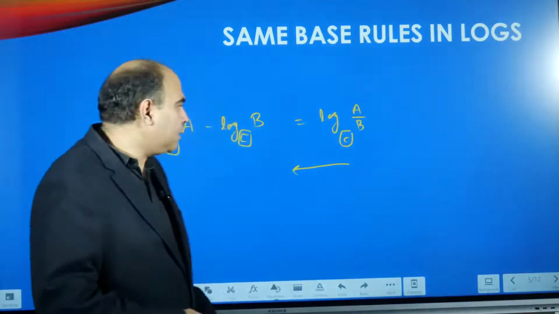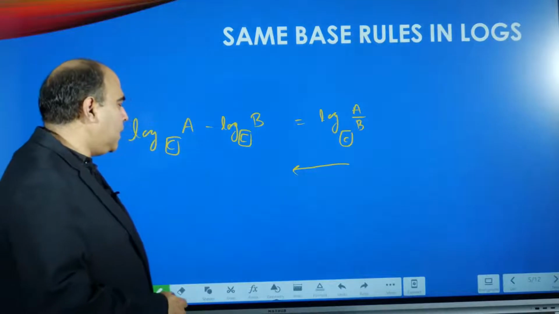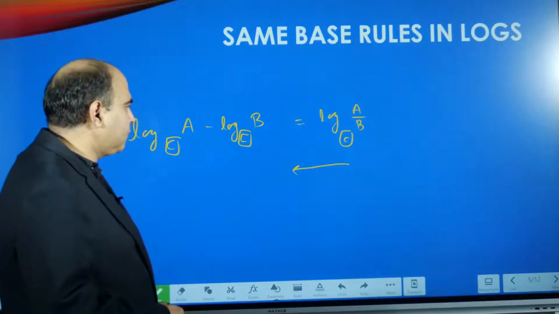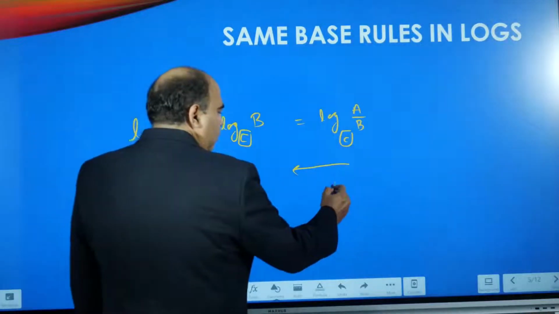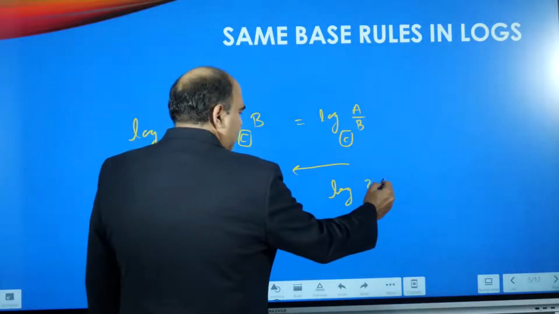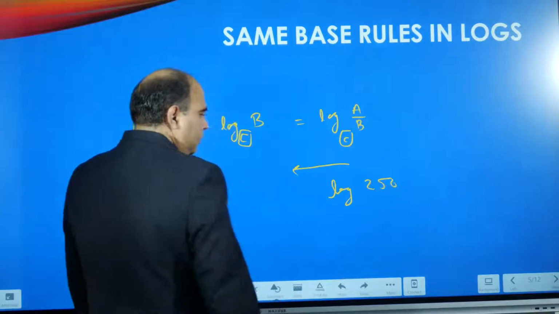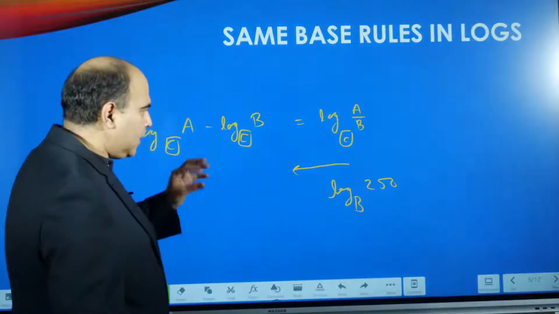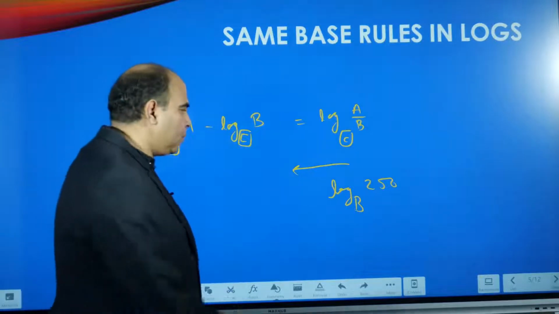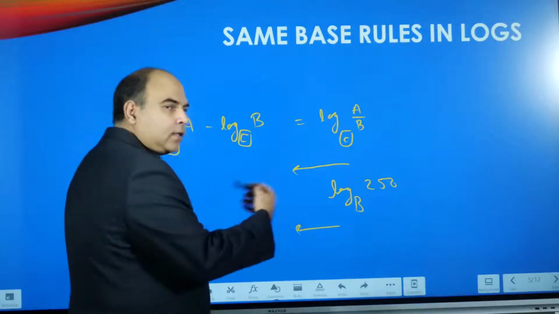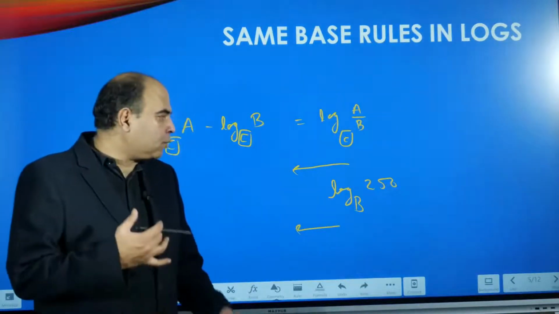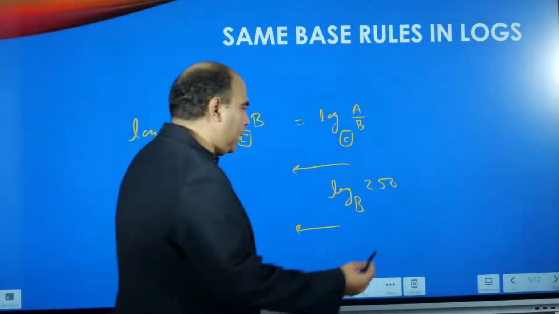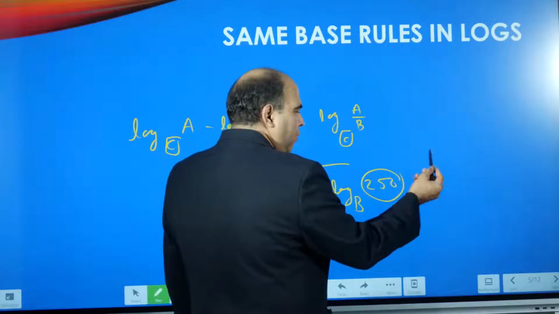For example, if the right hand side is log 250 to some base B, you might want to visualize that 250 as A by B if you want to come back from that side to this side. Depending on the situation, you have options.